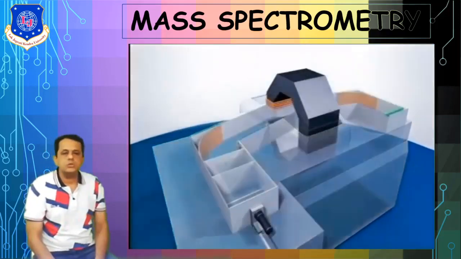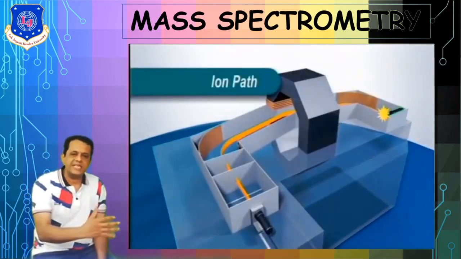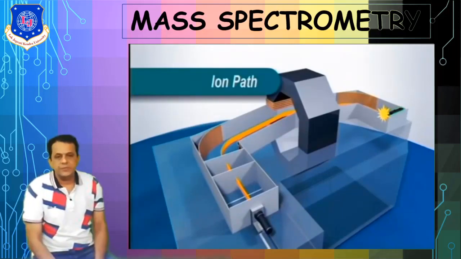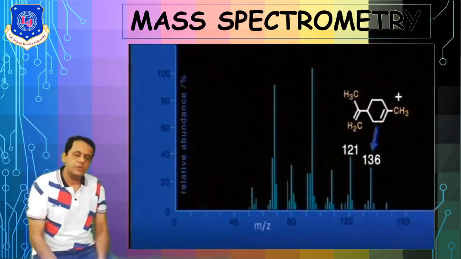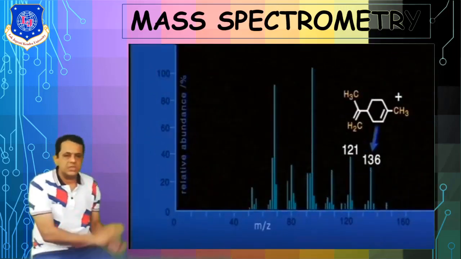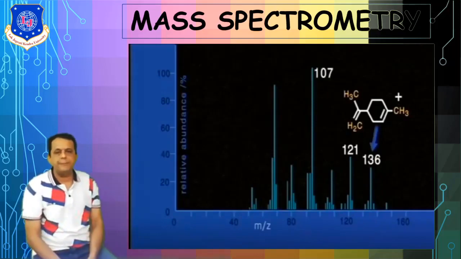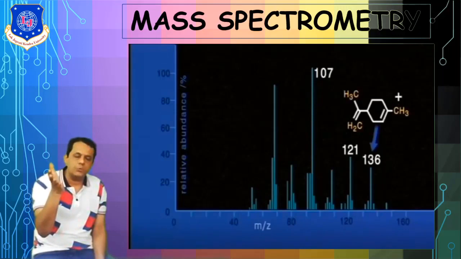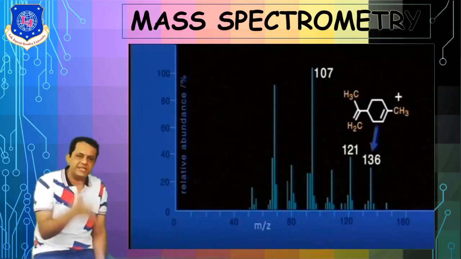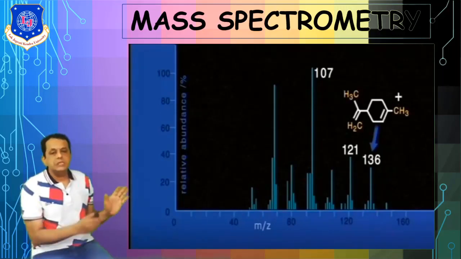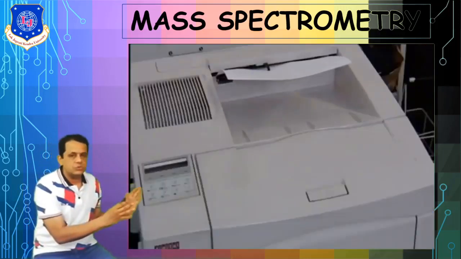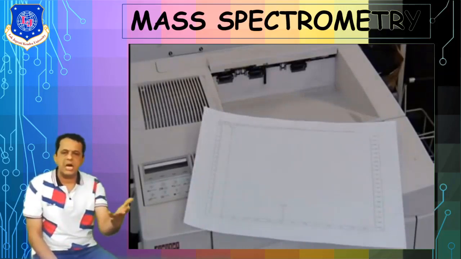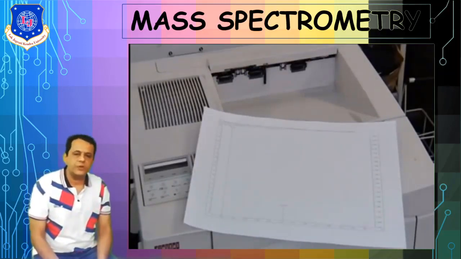Then it goes through the effect, as you see in the ion path, and reaches the detector under the effect of the magnetic and electric fields. So the parent ion and the M by Z ratio with the relative abundance, like how many molecules are available and what the M by Z ratio is, will be the final outcome, in the form of a graphical presentation, maybe on hard copy that we can collect for further analysis.